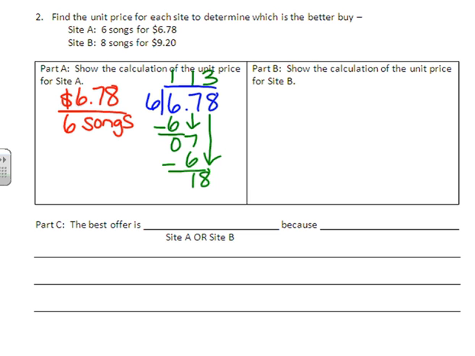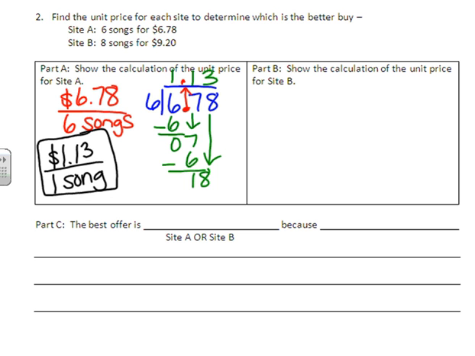Now because there is a decimal point right here, I'm going to move it directly above and put it right there. So I get 1.13, or if I write that as a rate, that is $1.13 per 1 song. So this is my final unit rate. Again, notice I have the dollar sign and I have the word song.